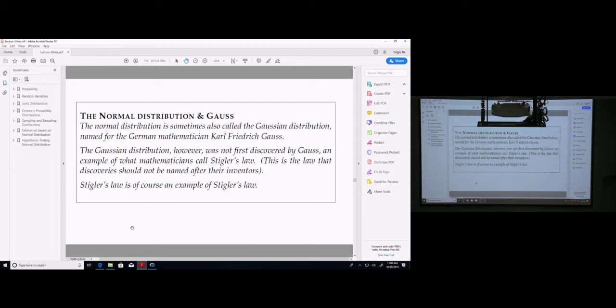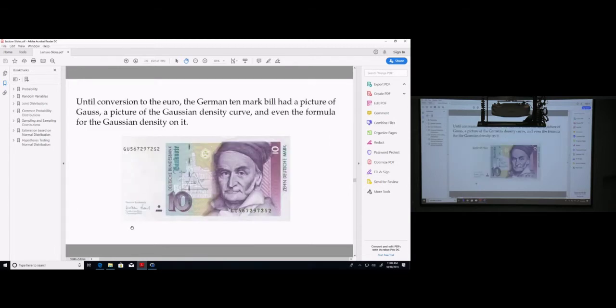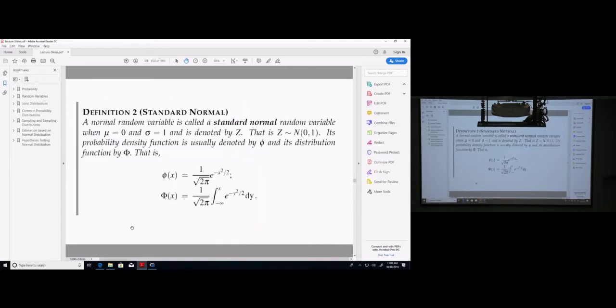And so that is how the normal distribution came about. Okay, this is how he looks, all right? I think Gauss in mathematics is somewhat like Einstein in physics.